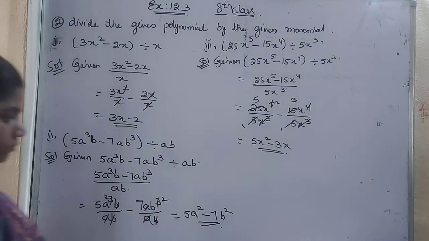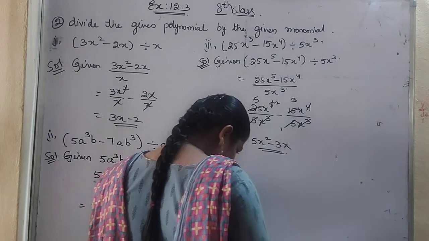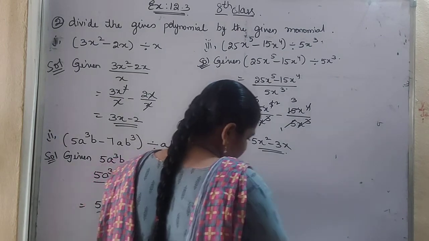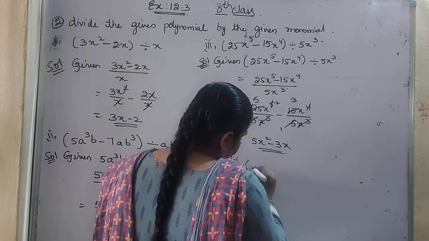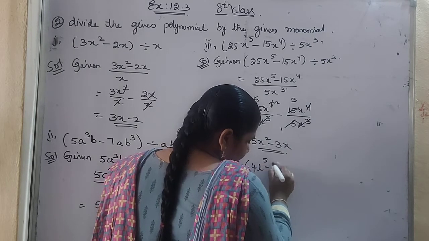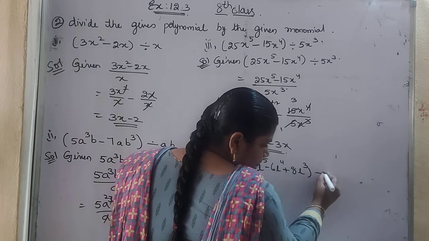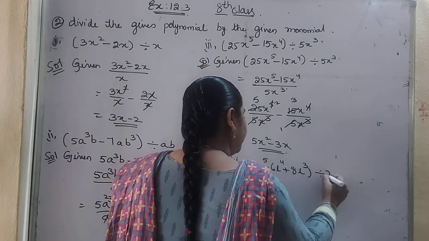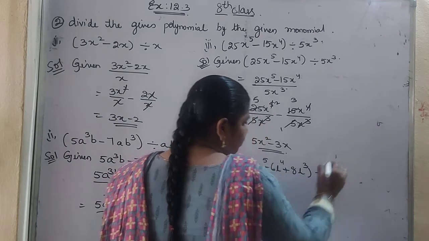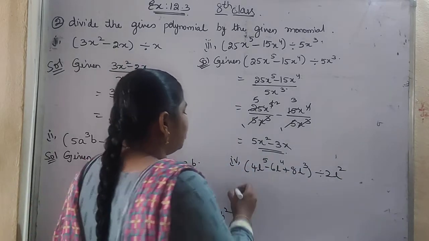Next, fourth one. Fourth is 4l power 5 minus 6l power 4 plus 8l cube divided by 2l power 2. So this one we have to solve.